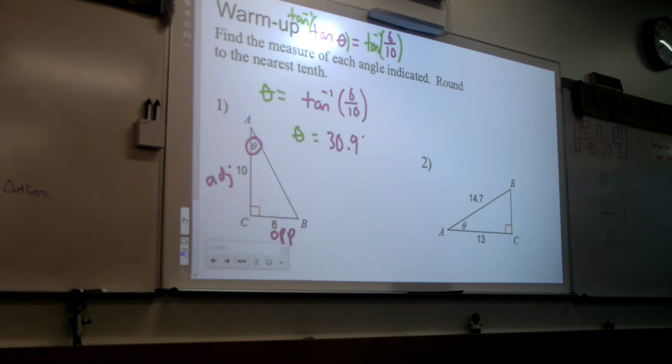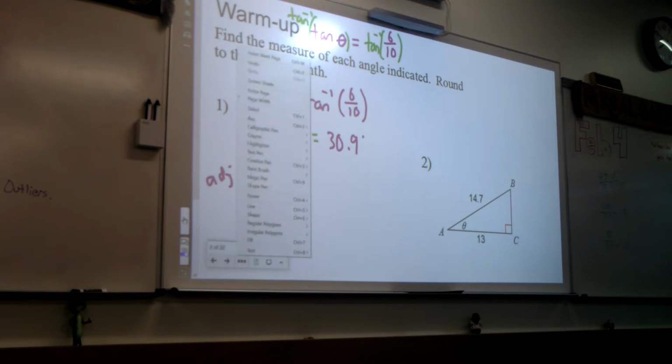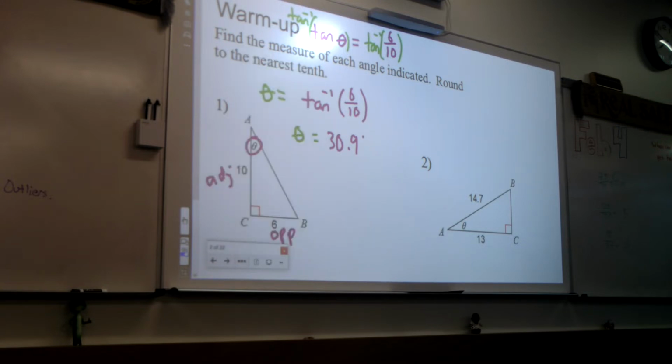That was Micah. What did you do on this one, Micah? So we're trying to find theta, and we are given the adjacent and the hypotenuse sides. So we would just do the cosine of theta is equal to 13/14.7. Great. And then what from there?